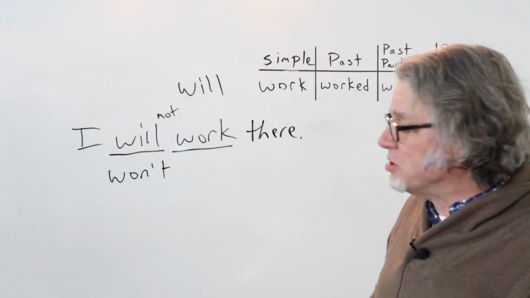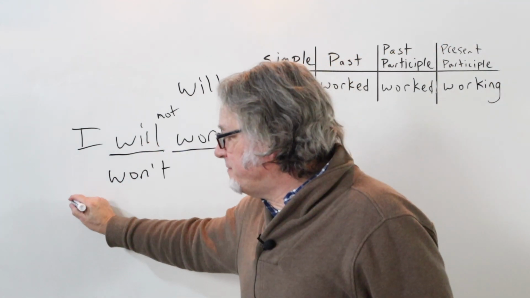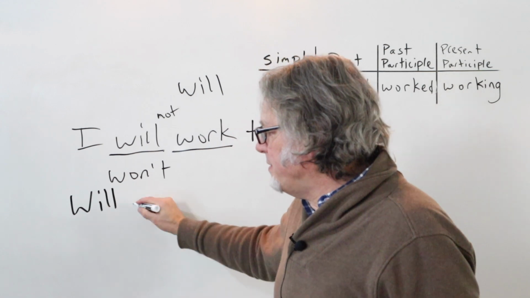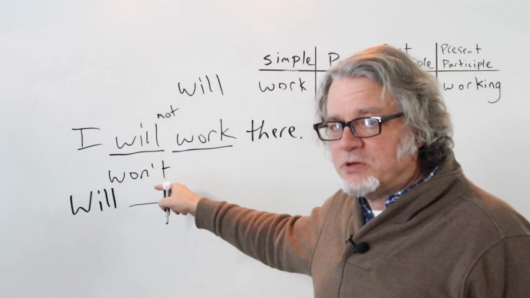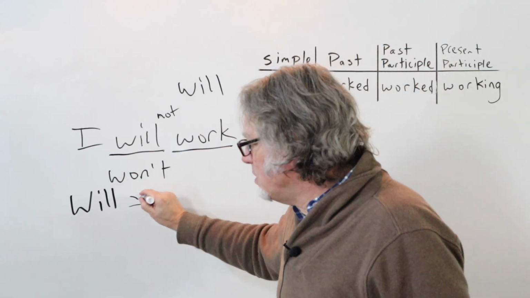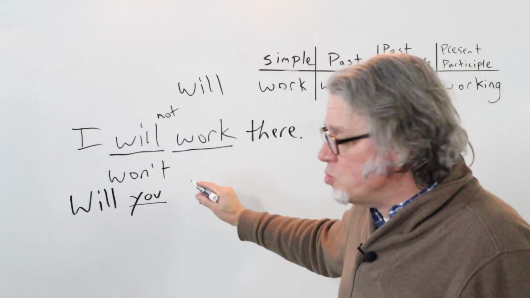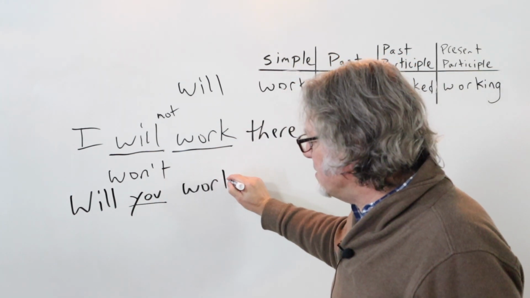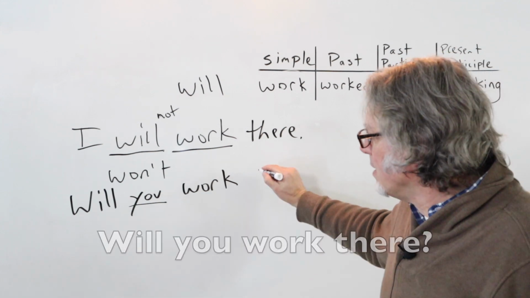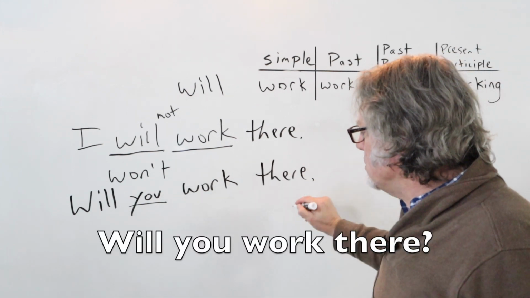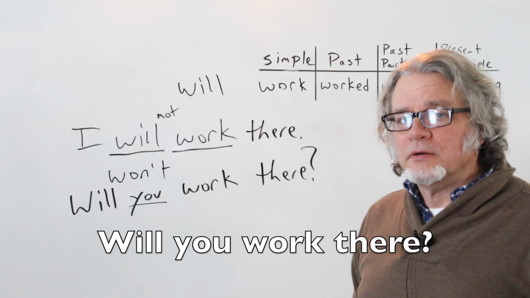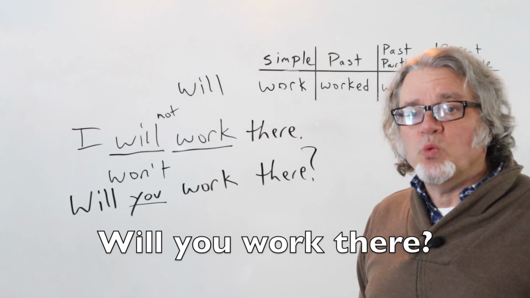To make a question, put will first, and then you can use any subject. Let's use you. Will you, and then here's the main verb in the simple form. Will you work there?